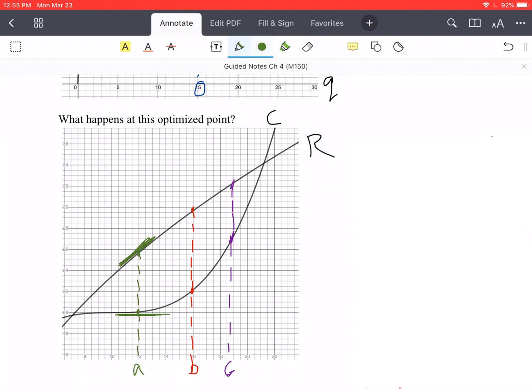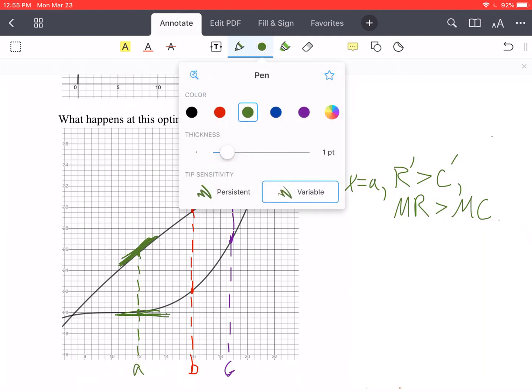So at x equals A, if we're comparing marginal revenue to marginal cost, how much they're growing respective to each other, looking at the derivative, well, I would say that this one is growing faster than this one, right? So revenue is growing faster than cost at this point. So we say R prime is greater than C prime, right? So marginal revenue is greater than marginal cost.